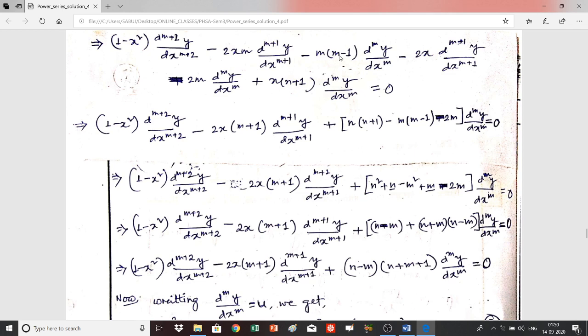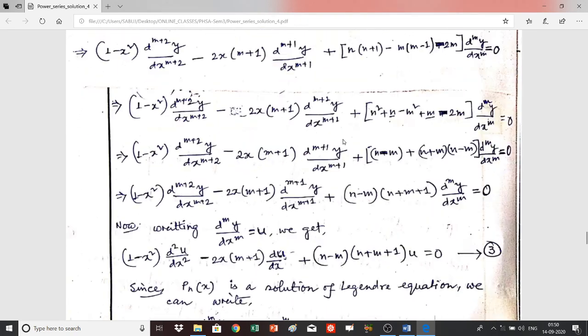And then from this term and this term, that is the terms consisting of dmy dxm, you write n into n plus 1 here, and from here minus of m into m minus 1, and also another term here, minus 2m, dmy dxm is equal to 0.